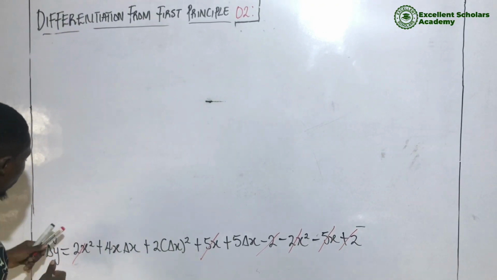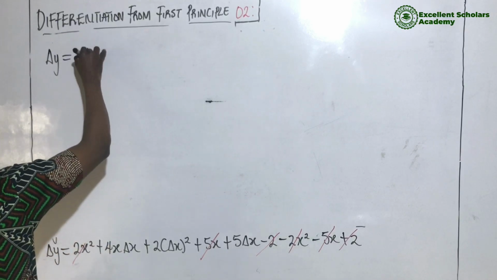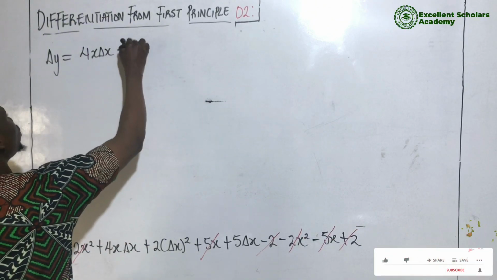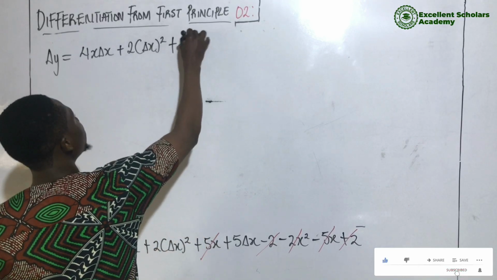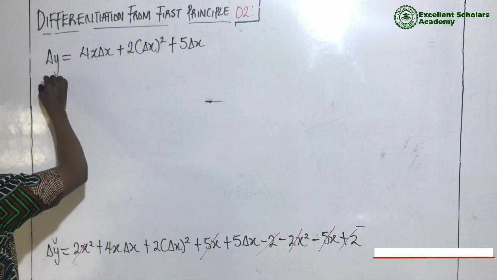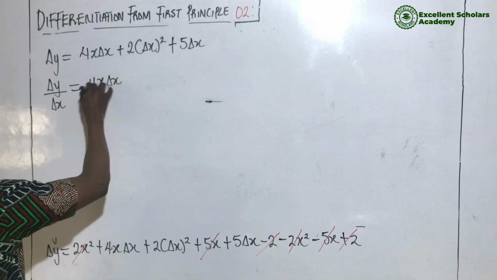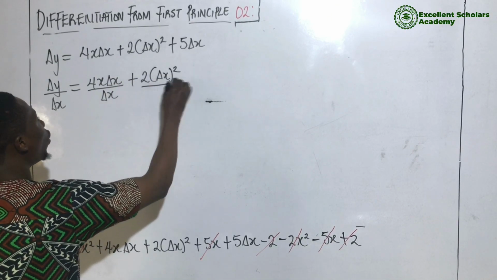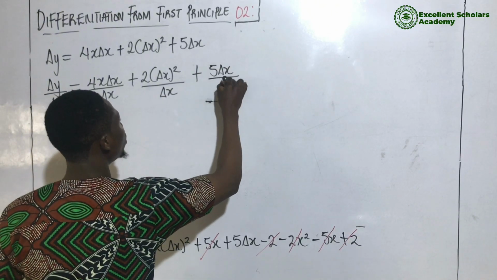So from here, we're going to have change in y equal to 4x change in x, plus 2 into (change in x) all squared, plus 5 change in x. Now we're going to divide through by change in x. So it becomes change in y over change in x equals 4x change in x over change in x plus 2 into (change in x) all squared over change in x plus 5 change in x over change in x.